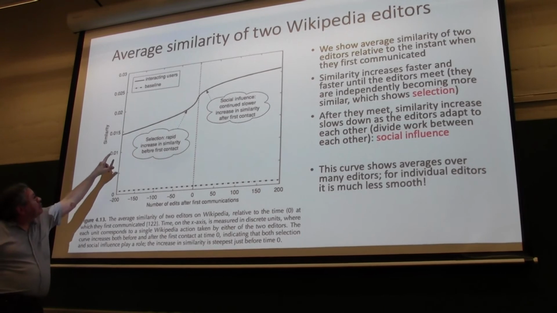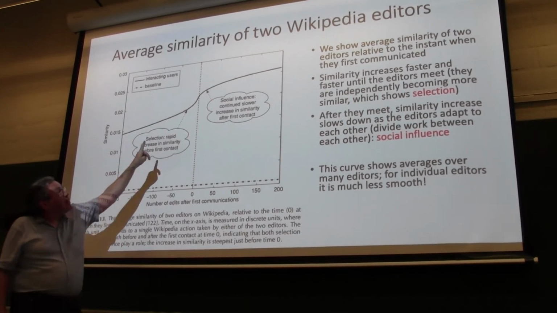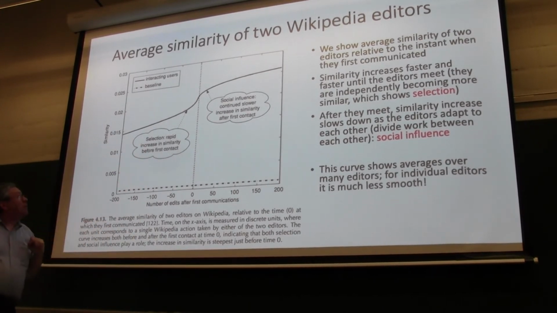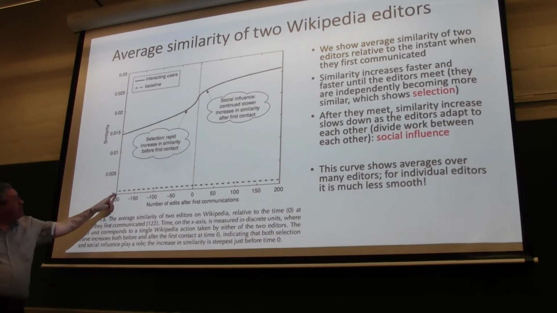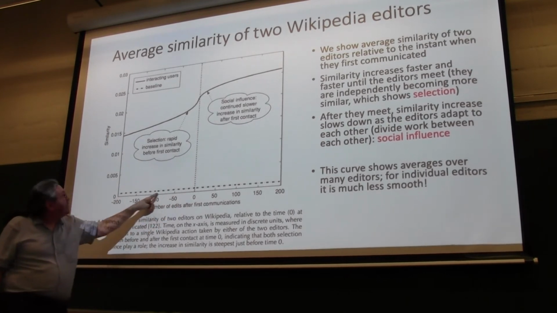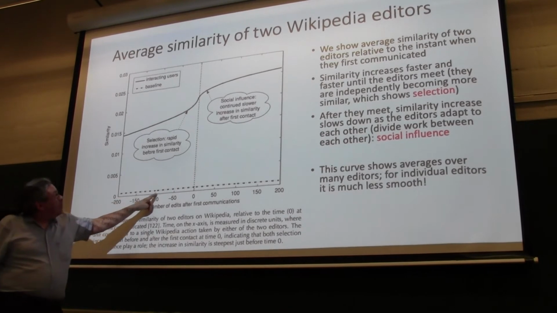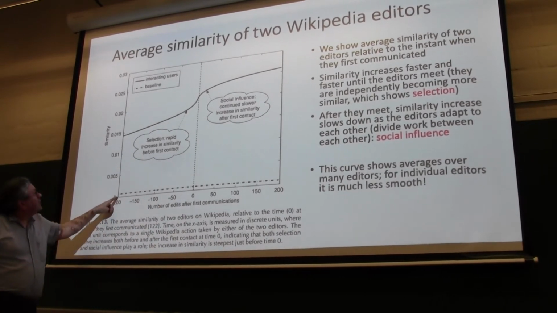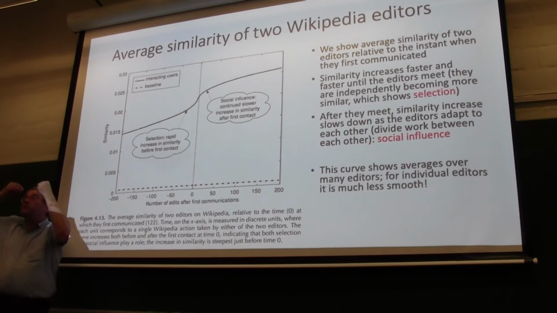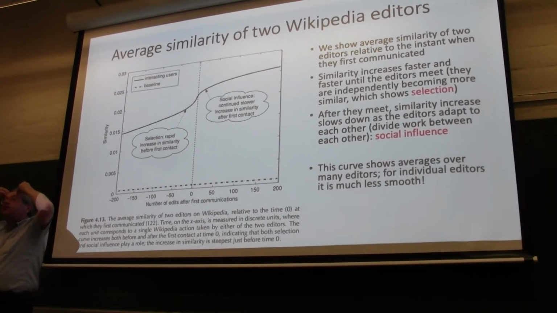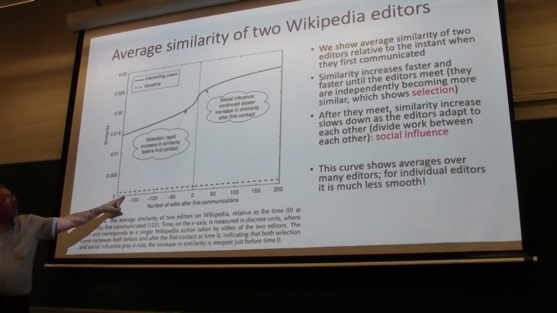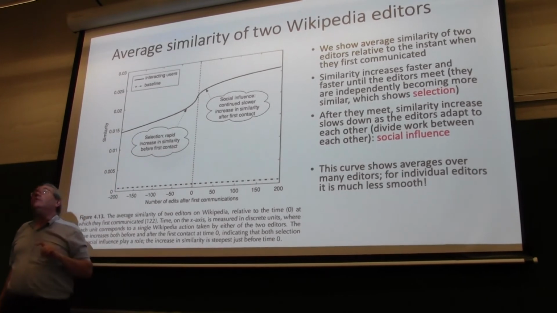Now, on the left, you can see the similarity is always increasing. But on the left, they didn't know each other, so all increase in similarity is because of their own decision in their head. It's due to selection.